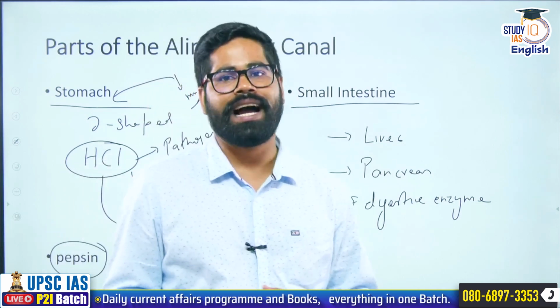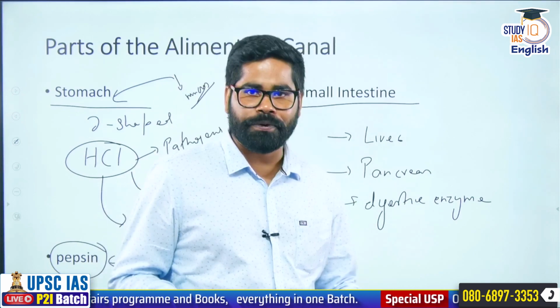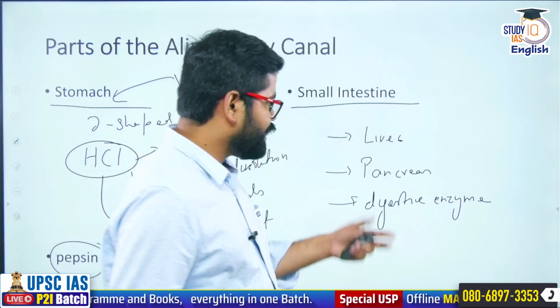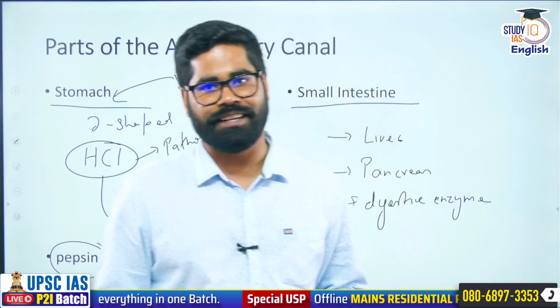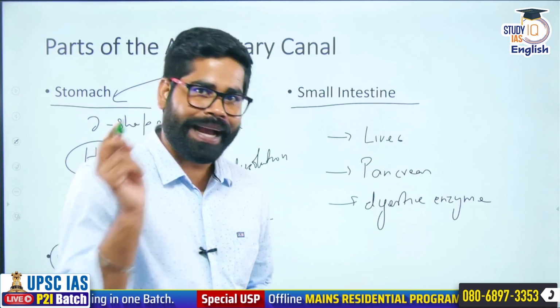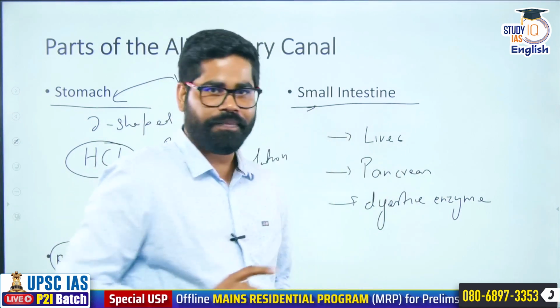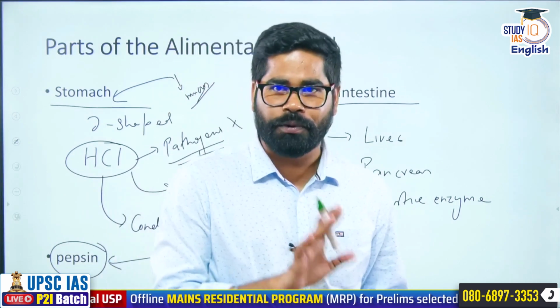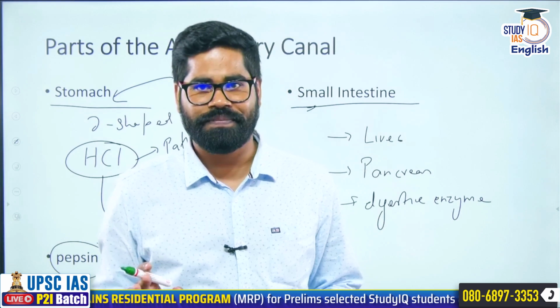From the pancreas, the pancreatic juice comes, which helps to metabolize the proteins and the carbohydrates. And then the remaining food items are digested with the help of digestive enzymes released by the small intestine itself. So the final process of digestion takes place in the small intestine.